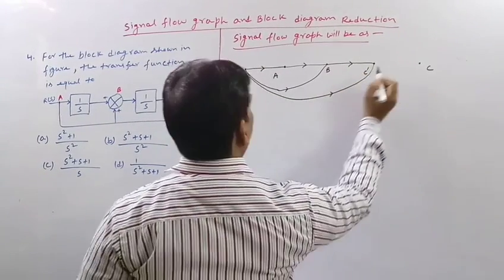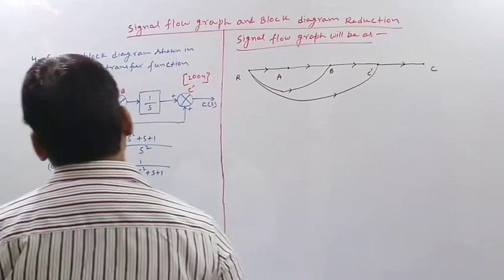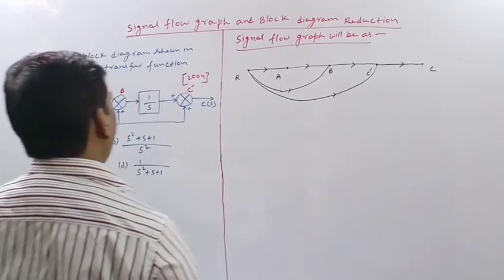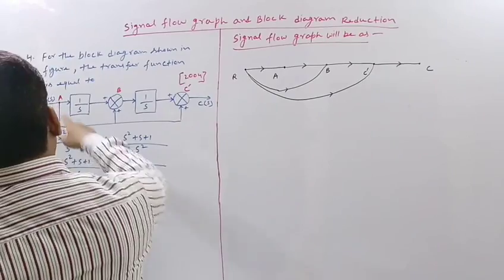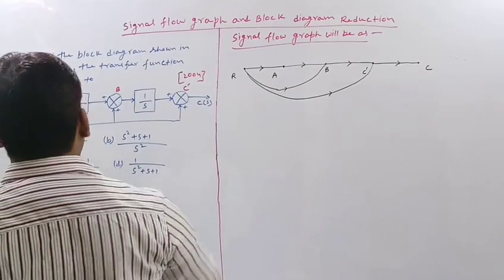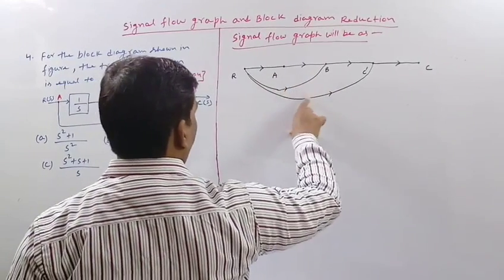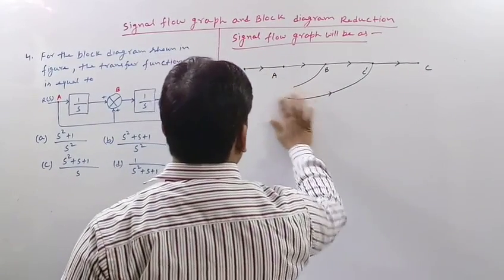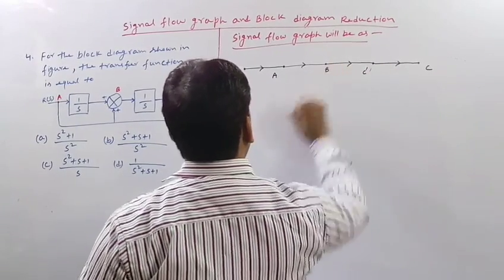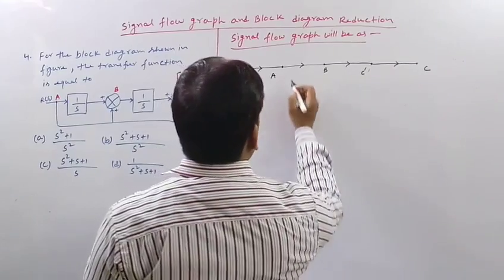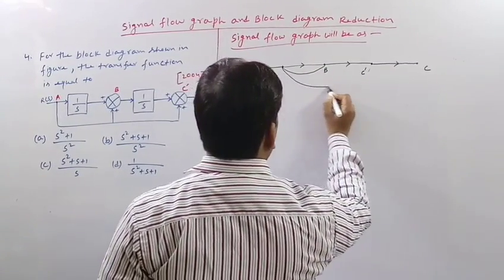Now between C and C dash, this will come, completing it. These two branches should be connected from A. So let us meet it with A. So it will be like this, and it will be like this.